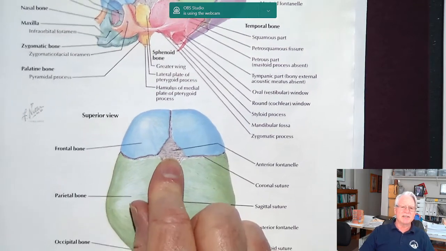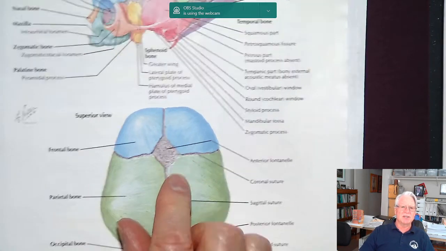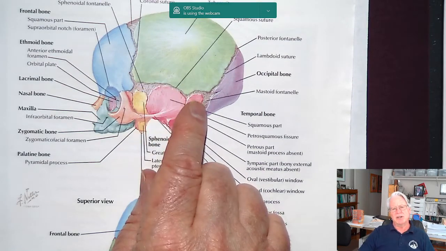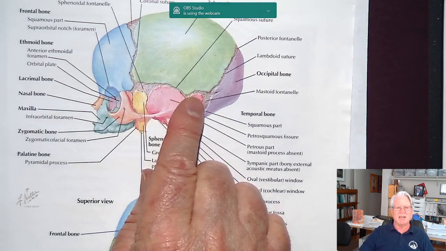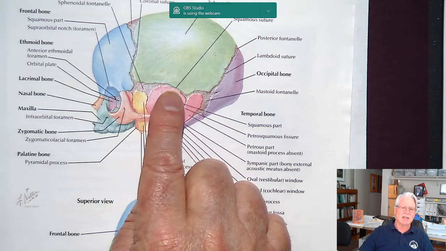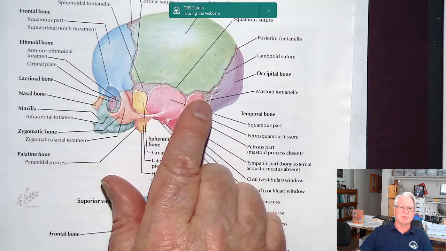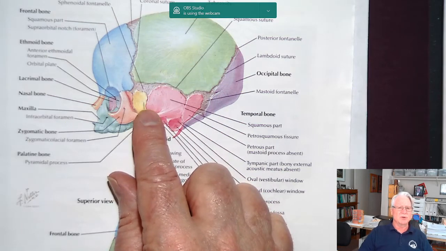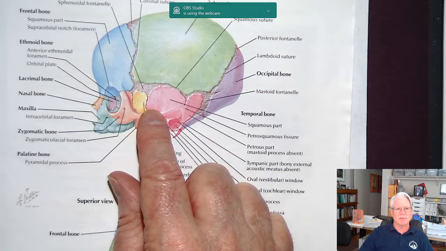But these fontanelles and the spaces that you see in these drawings are designed to allow the skull, number one, to be somewhat pliable as it goes through the birth canal. I mean, the head is the largest part of the baby. It's the most difficult part of the baby to get through during childbirth.